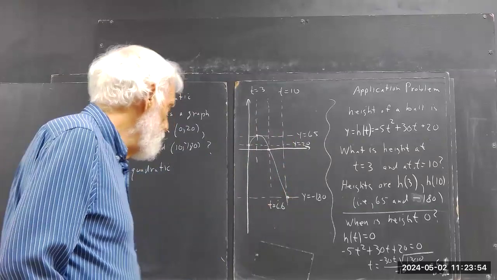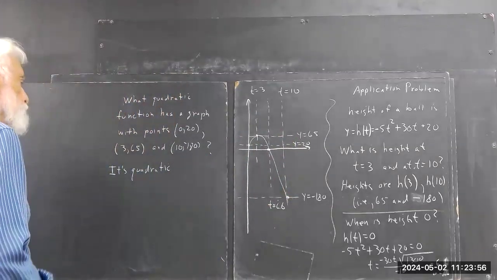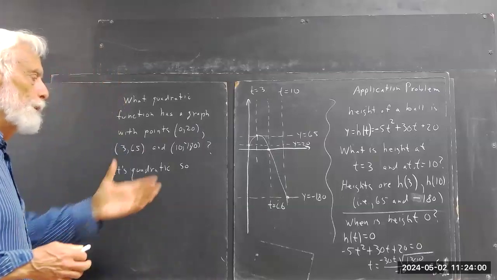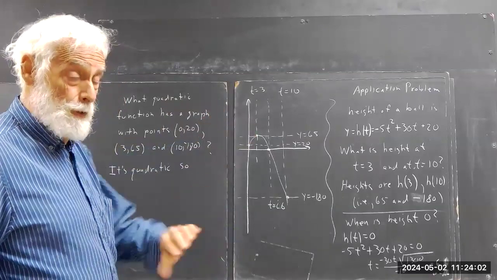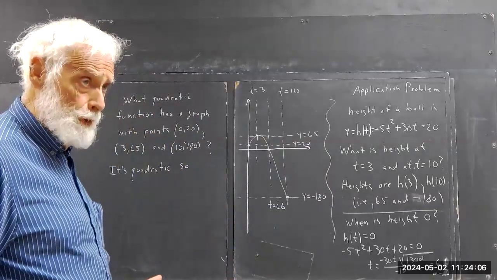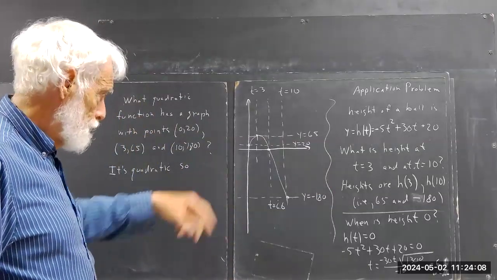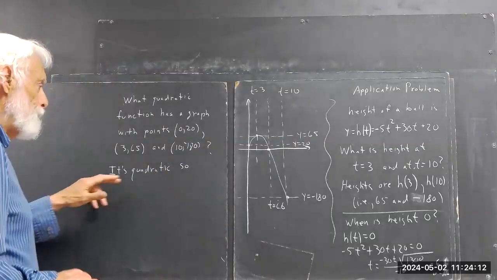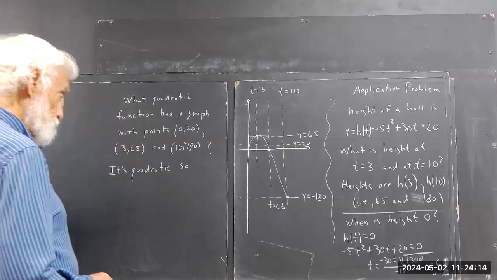Okay, it's quadratic. Now the person with the camera knows that this is going to be a quadratic function or something close to it. Get some air resistance in there and it's not quite quadratic, but that's physics. Don't worry about it. We'll assume it's quadratic.